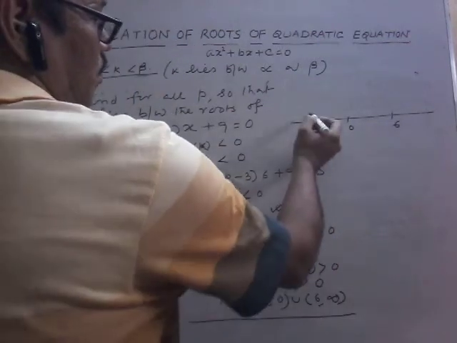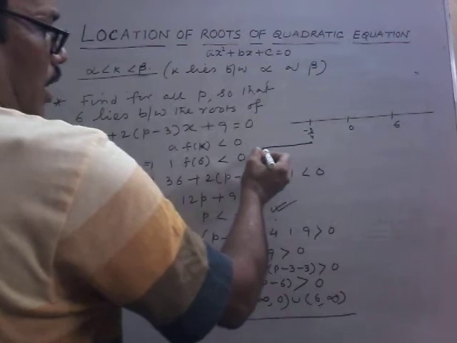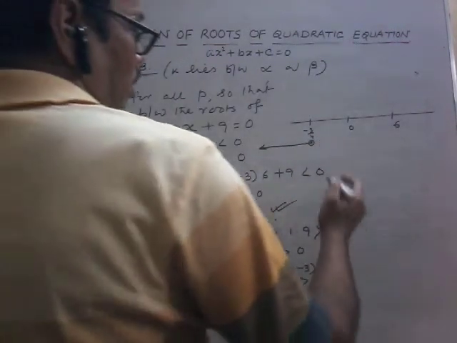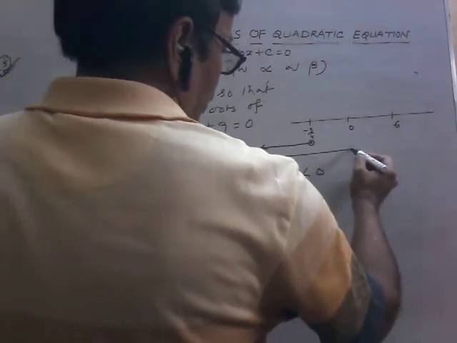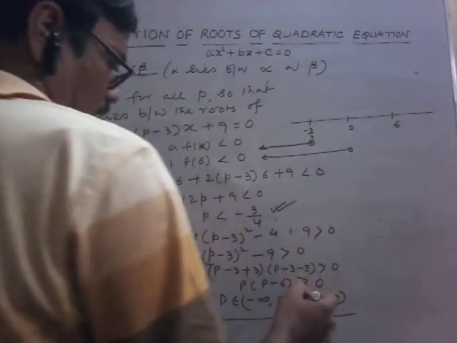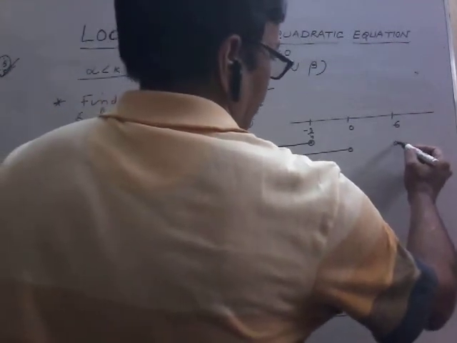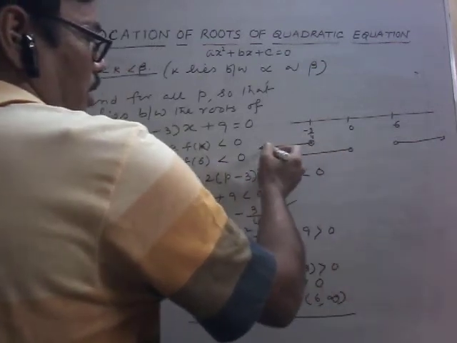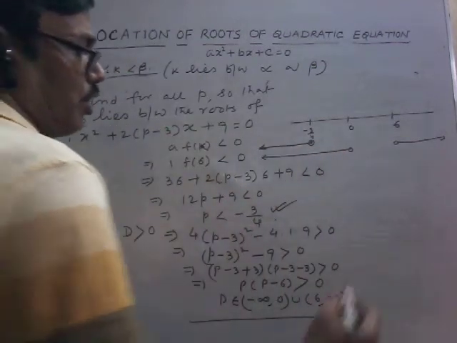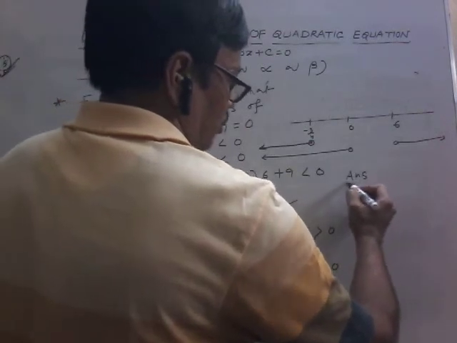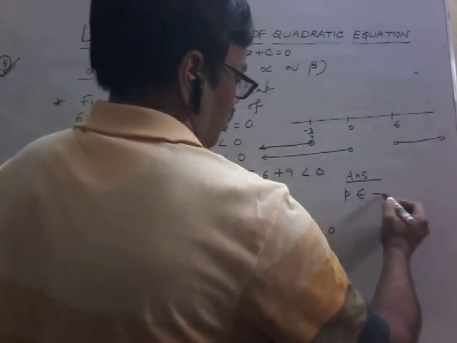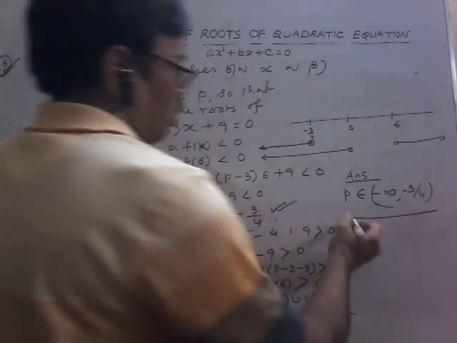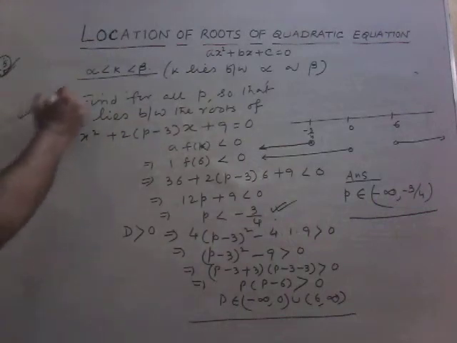So p less than minus 3 by 4, the figure will be like that. This one is not included. And this is minus infinity to 0, and 6 to infinity. So what is our common part? Minus 3 by 4, and this is minus infinity. So what is our final answer? P belongs to minus infinity to minus 3 by 4. So very simple.